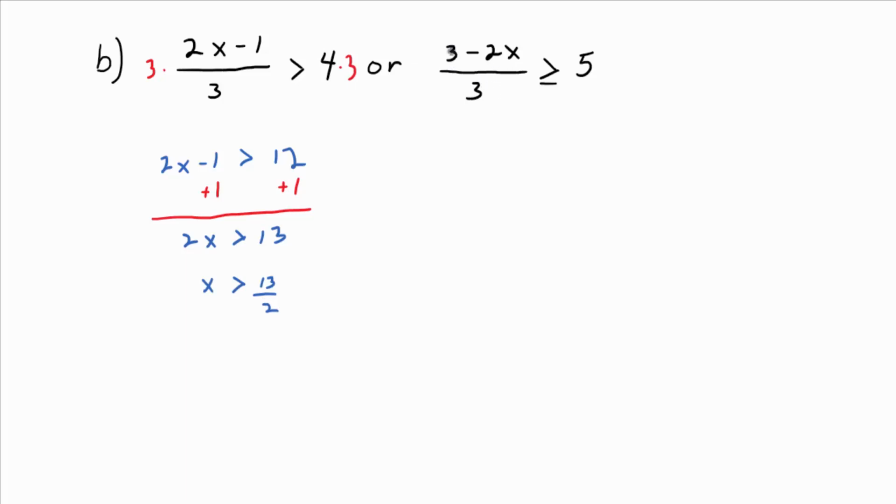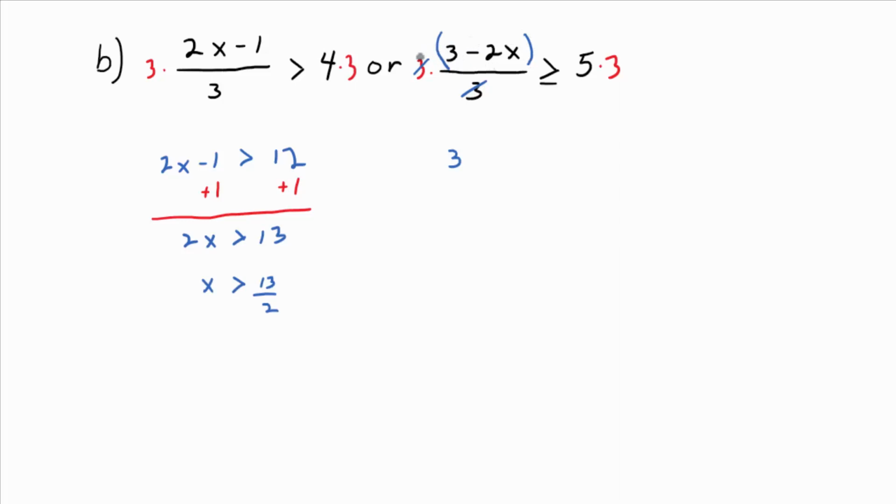Okay, so in the second one, what could I do? We have (3 minus 2x), the whole thing divided by 3, is greater than or equal to 5. A kind of similar first step maybe: multiply both sides by 3. And what does that give me? Won't these divide out? One thing I should mention here is that this division bar is a grouping symbol.